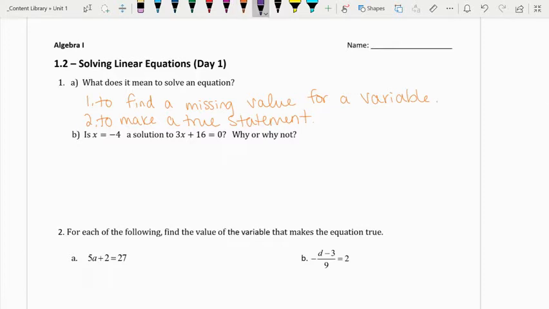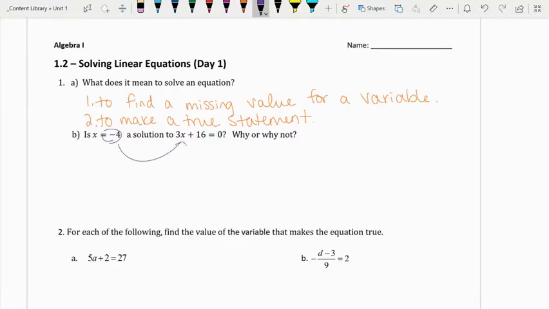Okay, so letter B, it says if x is -4, is x equals -4 a solution to 3x plus 16 equals 0? Explain why or why not. So what I would do here is take this -4 and plug it into our x.